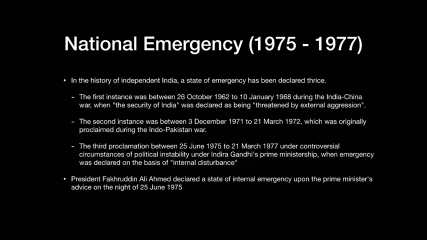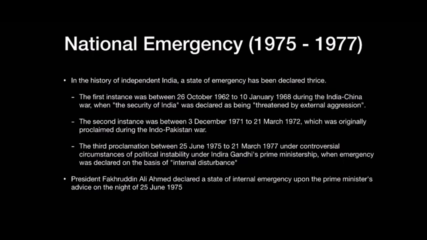Raj Narayan, who was defeated by Indira Gandhi in the 1971 elections, lodged cases of election fraud and use of state machinery for election purposes in the Allahabad High Court. When the Allahabad High Court investigated and the verdict was announced, the court found Indira Gandhi guilty and declared her election null and void.